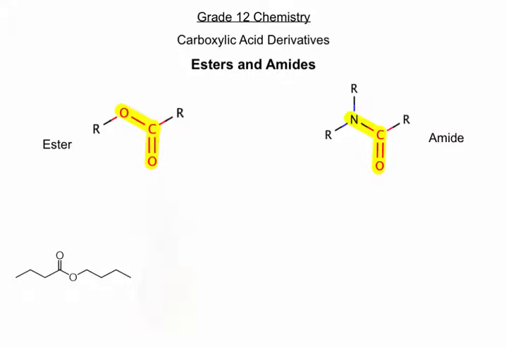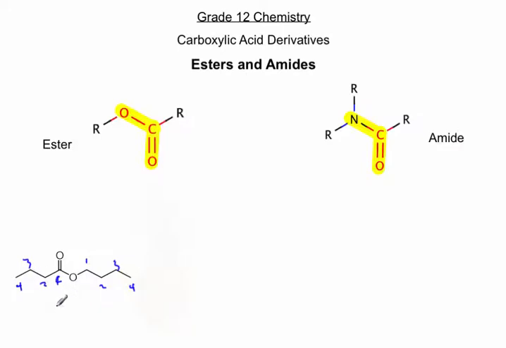Just to quickly indicate some potential uses of these compounds. Well, esters, here's an ester molecule. If you count the carbons from the single bond O, we have 1, 2, 3, 4. So that's a butanoate component of the molecule. From the C double bond, we have 1, 2, 3, 4. So that's butanoic.